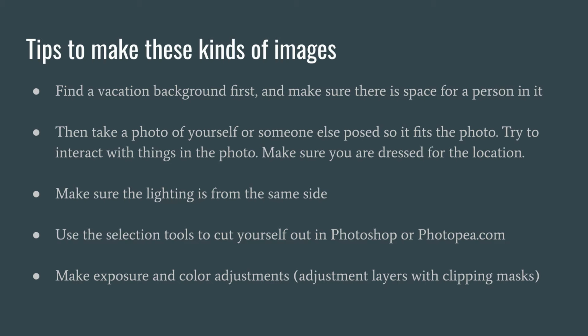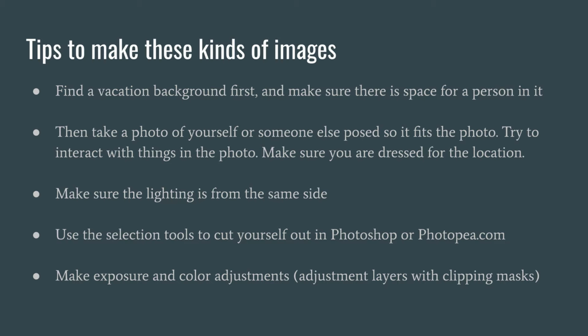Make sure there's enough space for the person in it. Then take a photo of yourself or someone else posed so it fits the photo. Try to interact with the things in the photo. So if you're sitting on a chair, you want to put yourself on a chair seated in your final image, in your vacation image or your fakecation image.